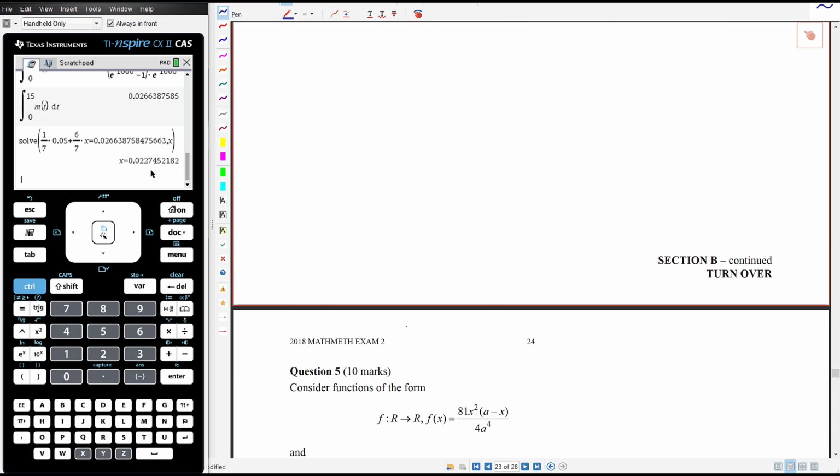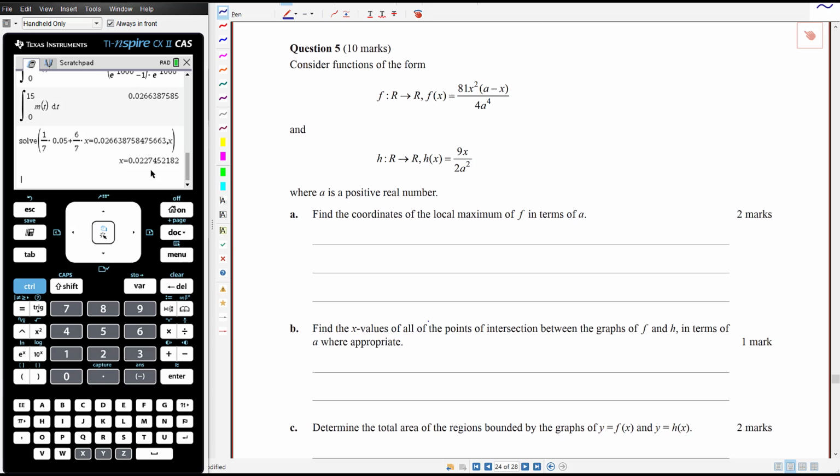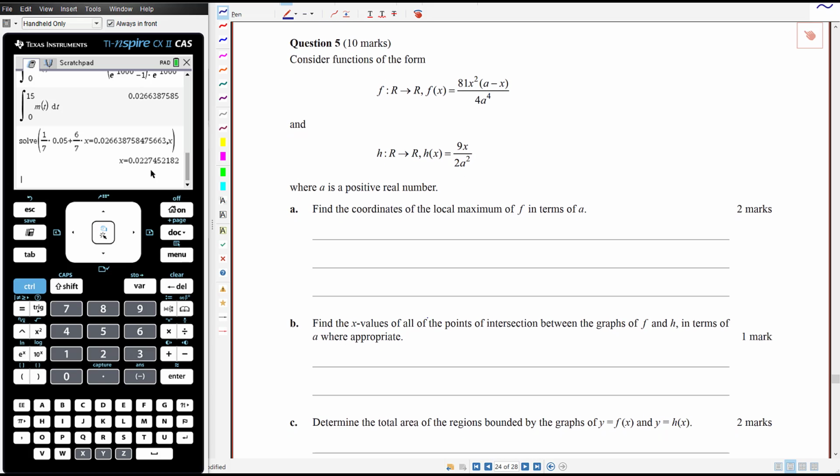Okay, and moving on to question 5, the final extended response question on the paper. So consider functions of the form f and h. Alright, I'm just going to clear my scratch pad. I haven't cleared my variables, but that's okay. Define f of x equals 81 times x squared times (a minus x) over 4a to the power 4.